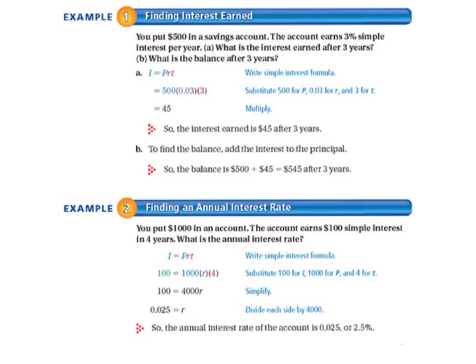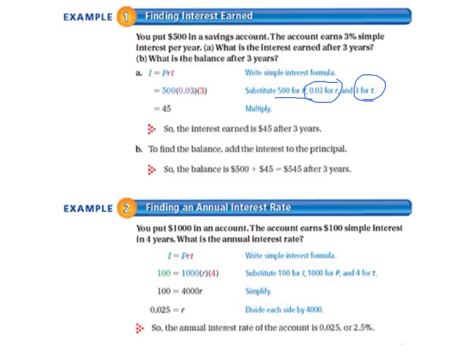So for letter A, we write the simple interest formula. I equals PRT, and we substitute 500 for the P, which is the principal, and 3% for the rate, and 3 for the T, because we're leaving our money there for 3 years.